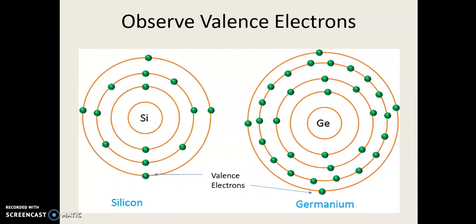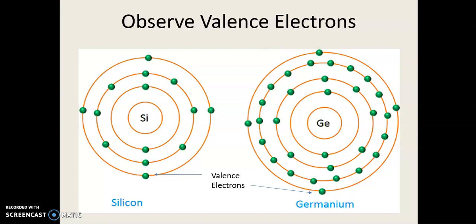Why silicon and germanium? These two examples are given because these two elements act as semiconductors, and for this course the knowledge of semiconductors is a must. Right now on the screen I can see the silicon and germanium atomic configuration.